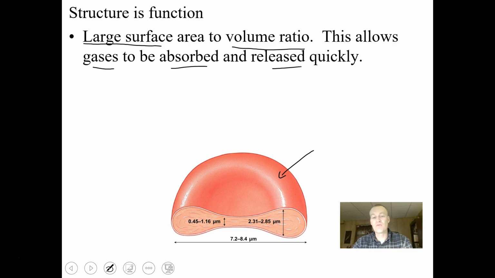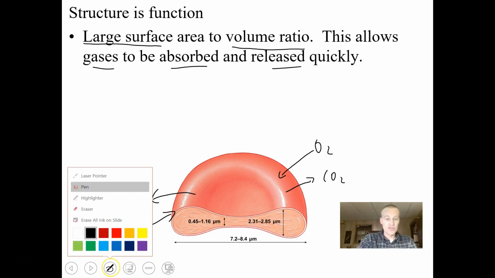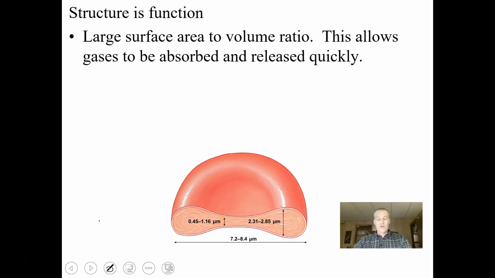One of the main jobs of a red blood cell is, in the lungs, to take in oxygen and release carbon dioxide, and then when it gets to the tissues of the body, to release oxygen and bring in carbon dioxide. So having a large surface area to volume ratio allows them to do this task very, very quickly.